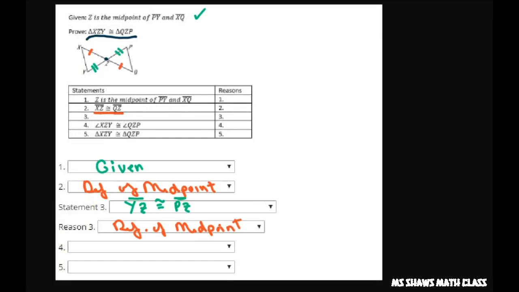I also can say that for number 4, angle AZY is congruent to QZP. So that just means that these two angles are congruent. And that's your vertical angles congruence theorem.